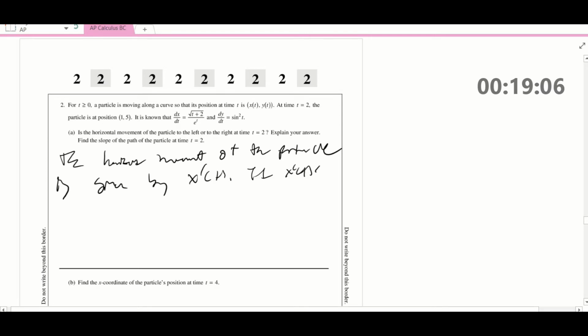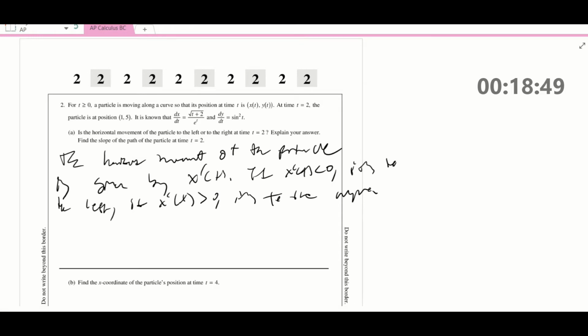If x prime of t is less than 0, it's to the left. If x prime of t is greater than 0, it's to the right. You guys probably can't read this. If you can, I salute you. So, if t equals 2, what is the derivative?